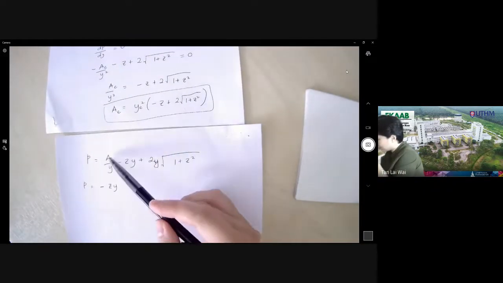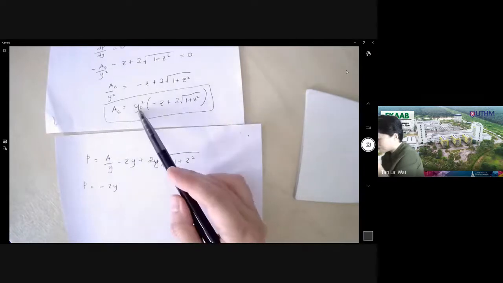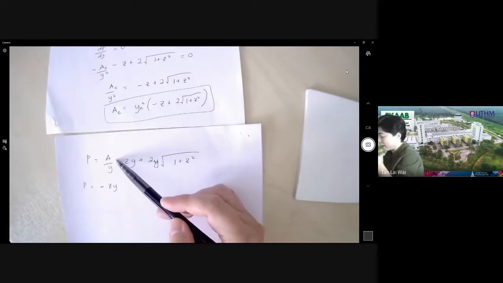When I substitute my A, it will become just y, because I divided by another y already here.